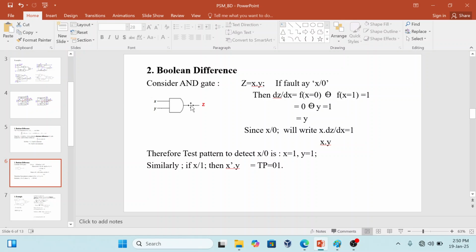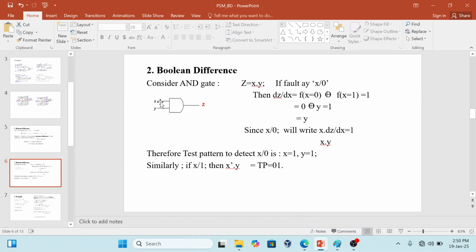Using Boolean difference, if I want to find the test pattern to detect a fault, let us see how we can find it. As we know, by the general method or the PSM method, if x is stuck at 0, I need to excite the fault by assigning the opposite value, so I will assign x equal to 1.